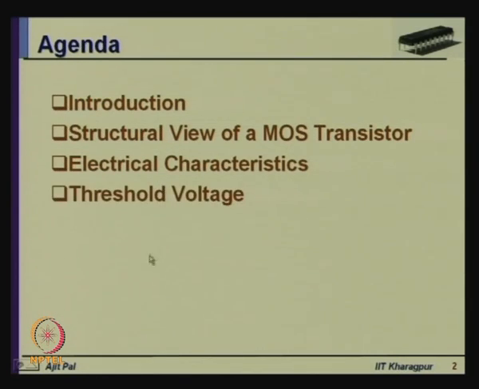Then I shall discuss some of the important parameters like threshold voltage, and another related topic, body effect, and we shall see how the substrate voltage can be changed to change the threshold voltage with the help of body effect.